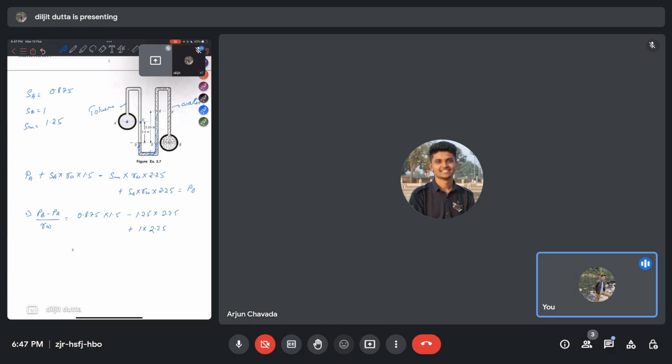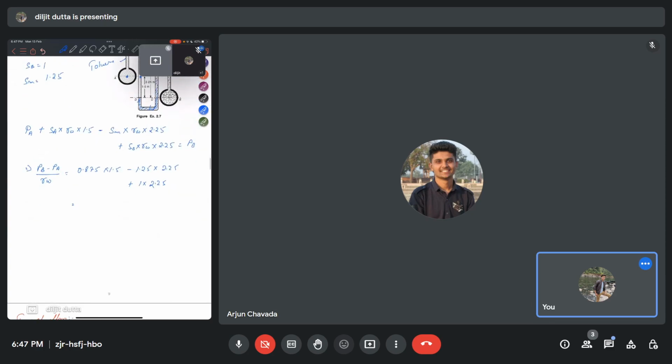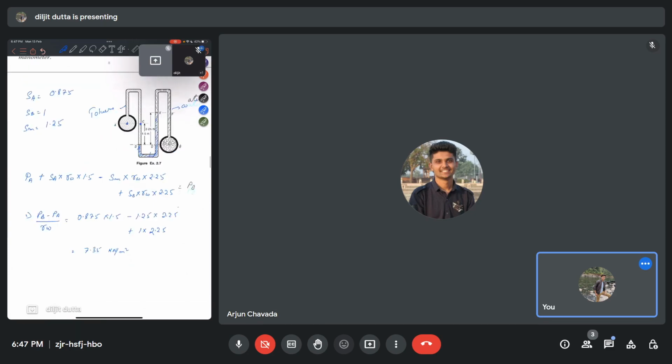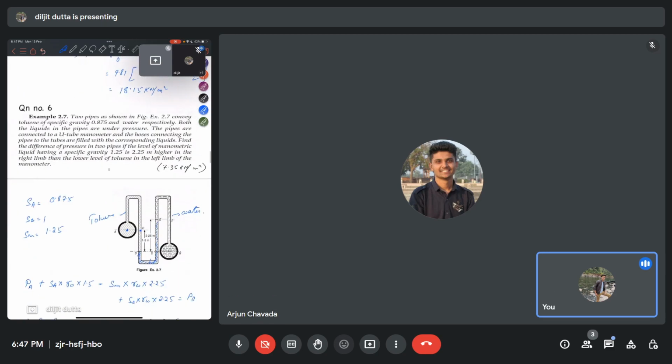So if we calculate the value, we will get around 7.35 I think. So this is just simply applying manometer principle to two pipes where two different fluids are flowing in the pipes.